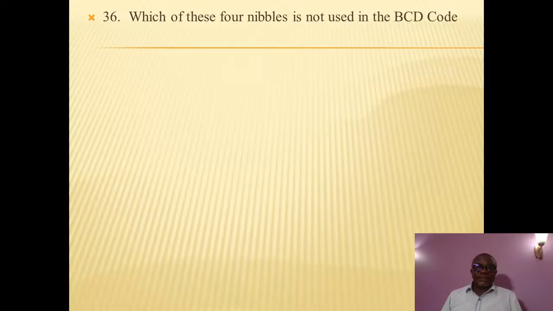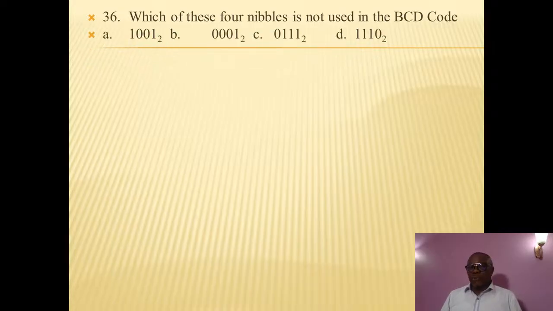Now, 36, which of these 4 nibbles is not used in the BCD code? What do we mean by BCD? Binary coded decimal. We say that this BCD code does not make use of 6 combinations of binary number.